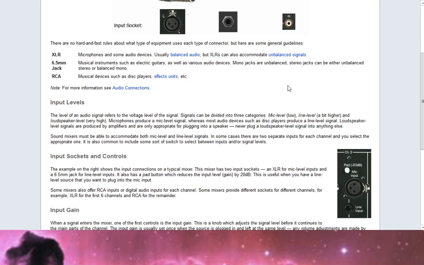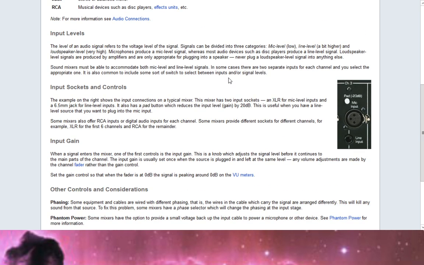So there's a little bit of disparity on what they're talking about here. They're referencing it to XLR, which in my case, we use computer microphone input. That's a very high level input, so that's considered high input impedance.